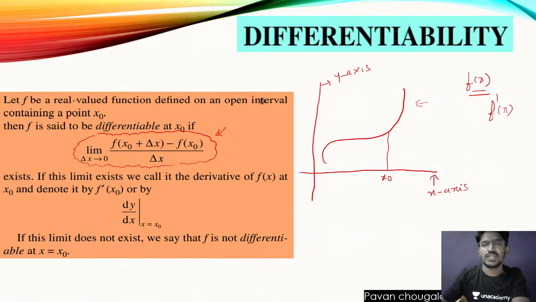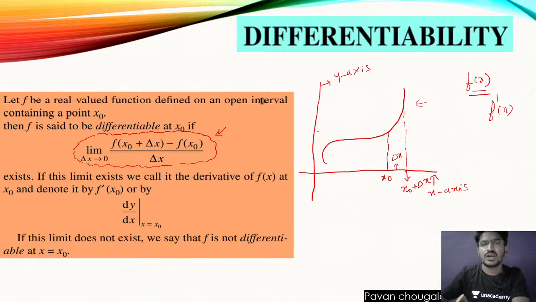Then they add some delta x. This is your delta x, and this point will be x0 plus delta x.